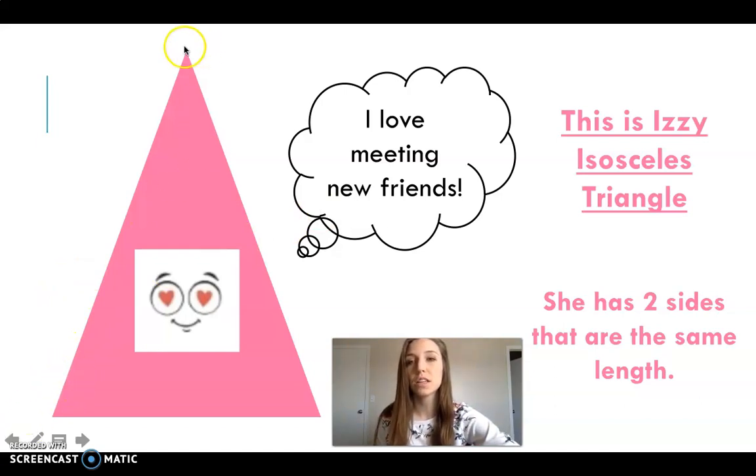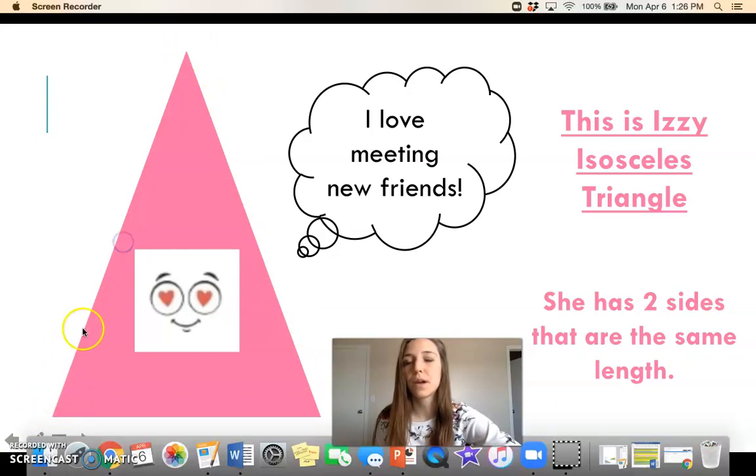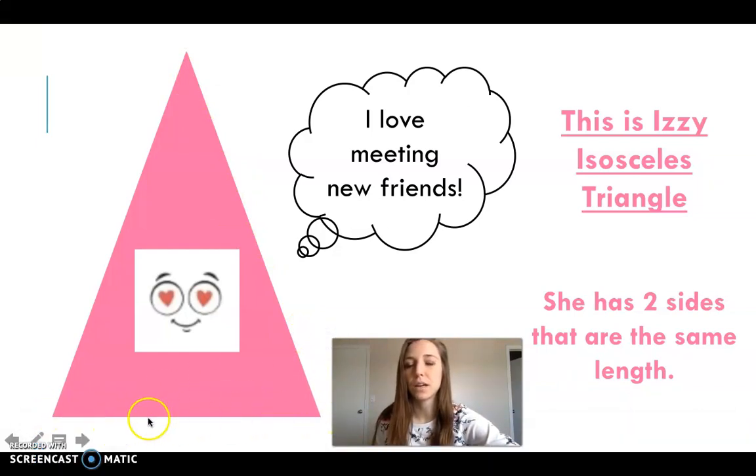So if you look at the Isosceles over here, you can see that this side right here and this side right here are both the same length. And then her final side, that is a different length right here. Okay, so 2 sides are the same, these two, and then this bottom side, that's a different length.